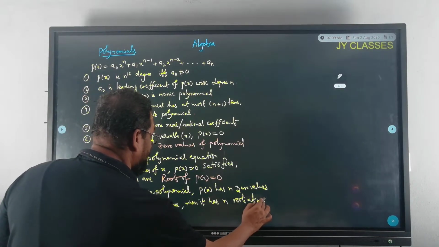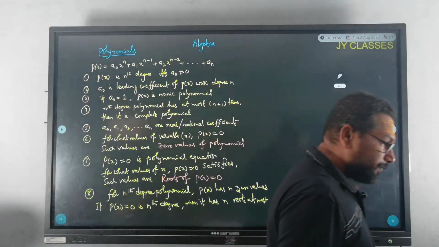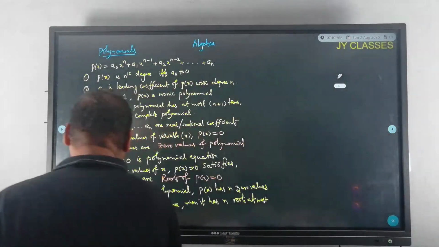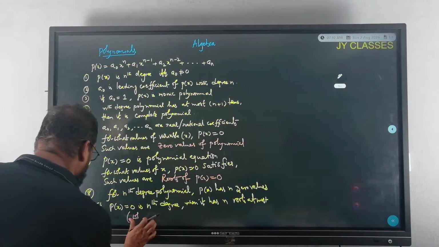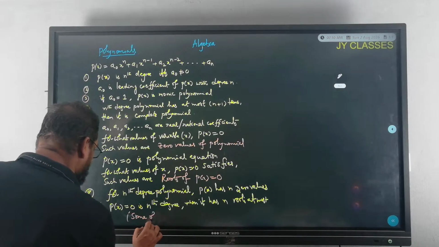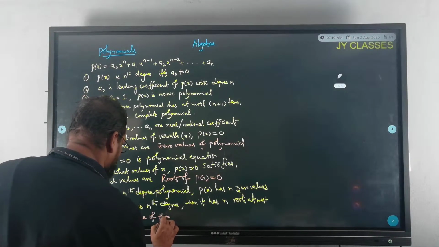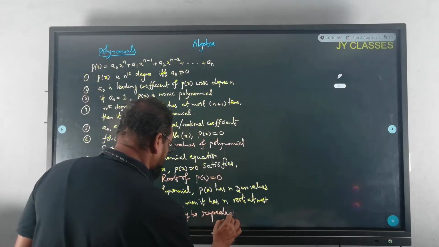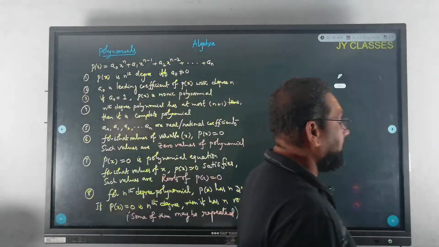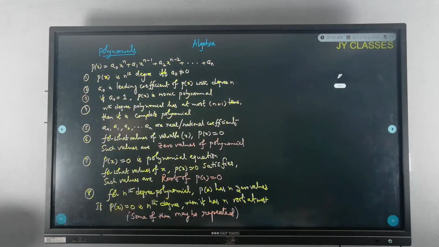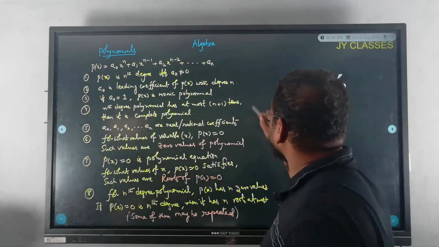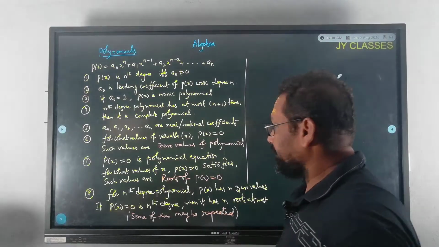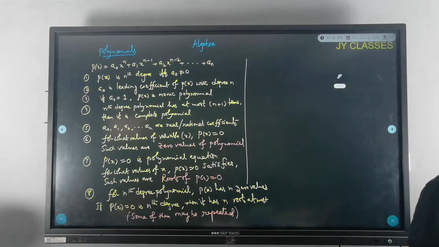Here we have to observe: some of the n roots may be repeated. So write down the points, all of you.